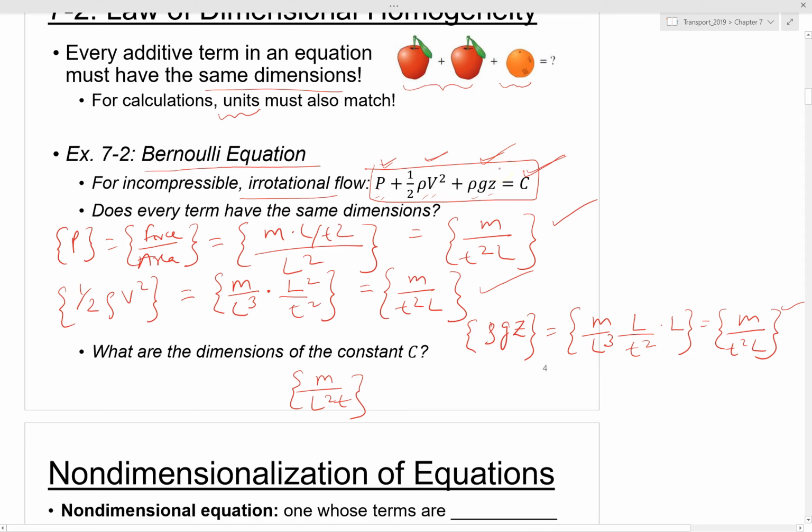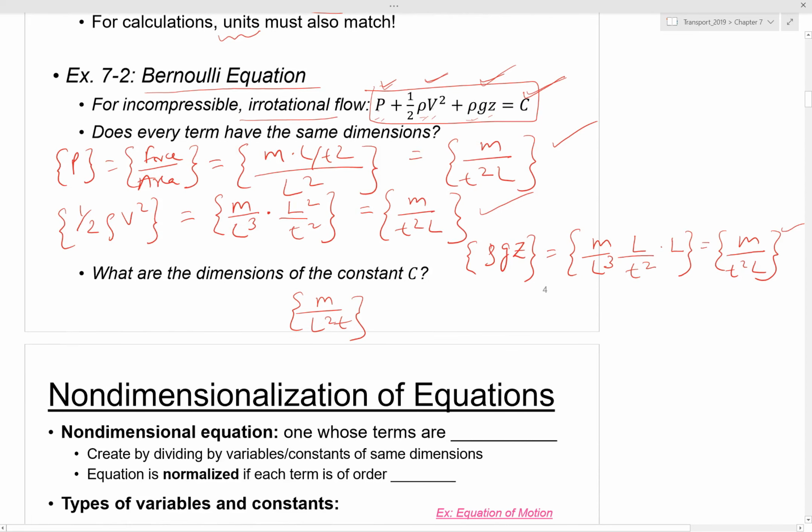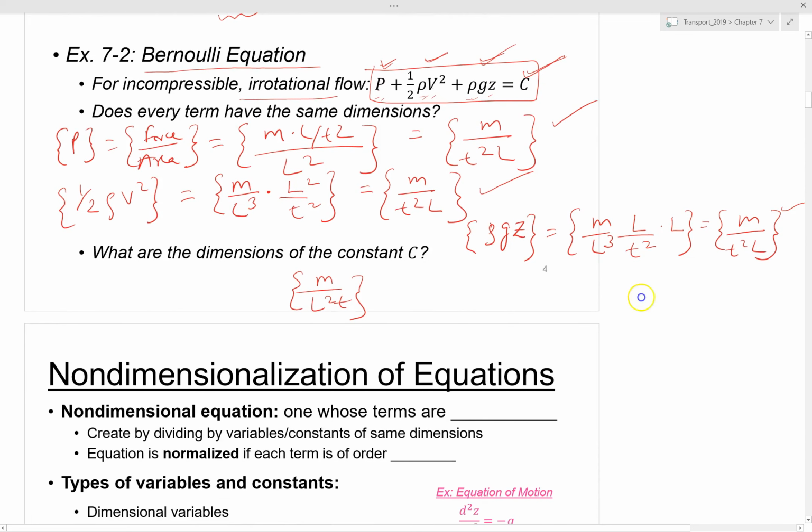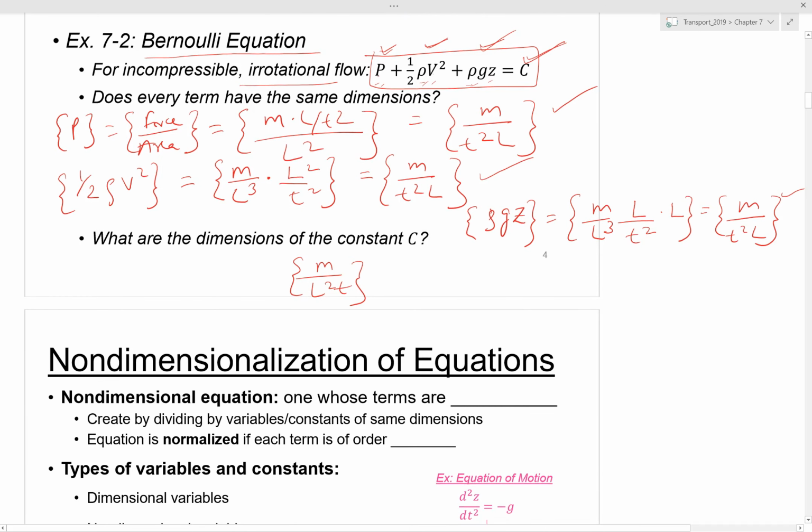So what we do to get around this problem is we non-dimensionalize the different terms in this equation and make it such that all the variables, the equation is basically normalized such that each term here is of order unity, meaning that the equation is valid even for any scale system.